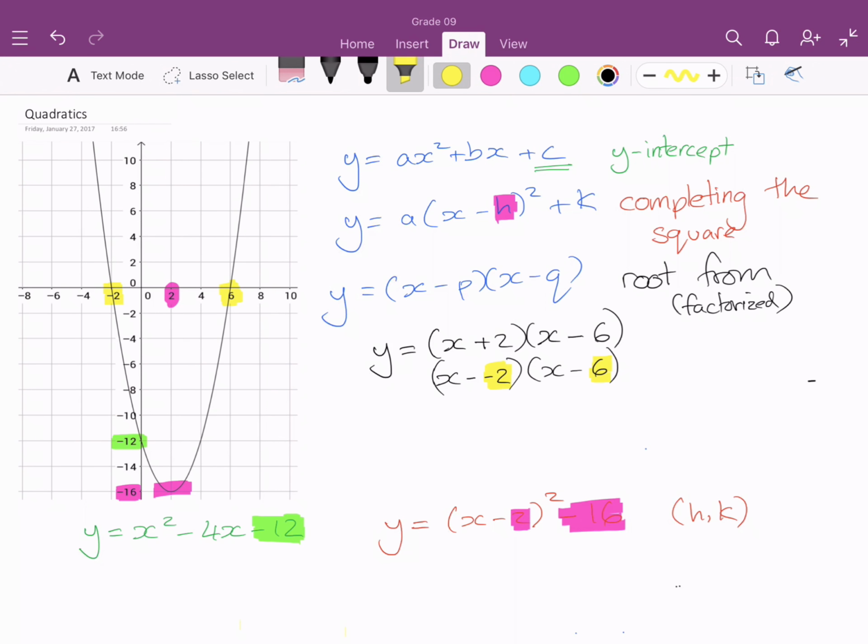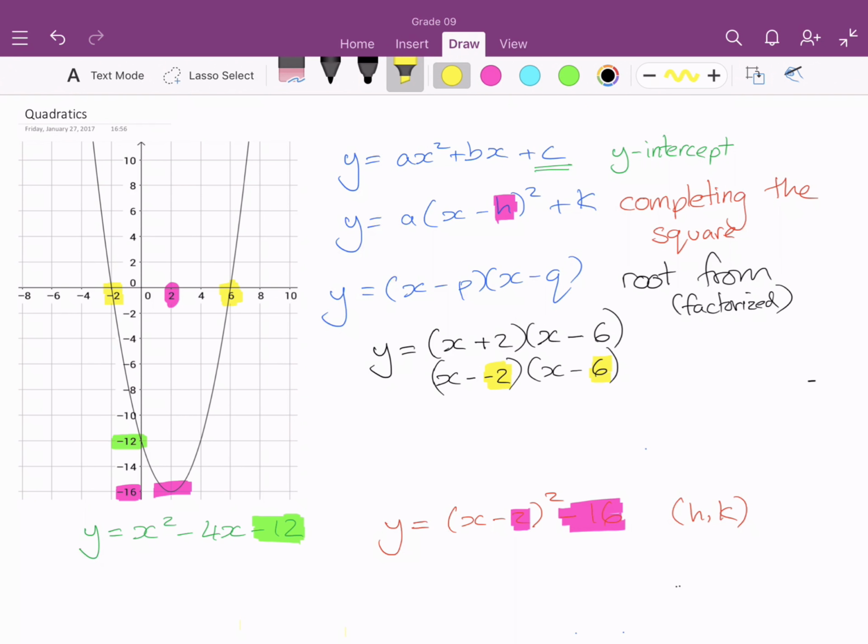The completed the square form, okay, so completing the square, gives us the coordinates of the turning point. So either the minimum turning point, which is what this kind of graph has, or the maximum turning point. So if we complete the square, we know a little bit more about the graph.